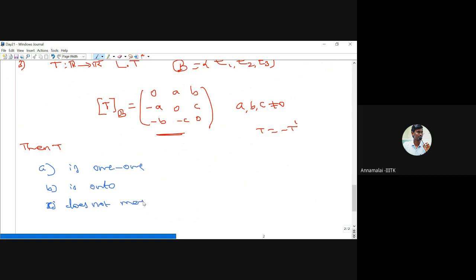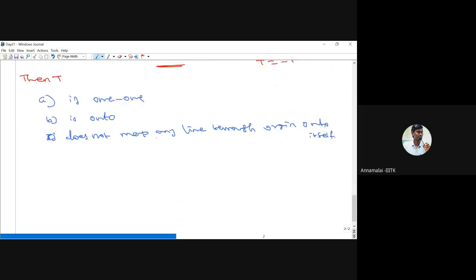If you take any line through origin, it does not map onto itself. The last option is T has rank 1.